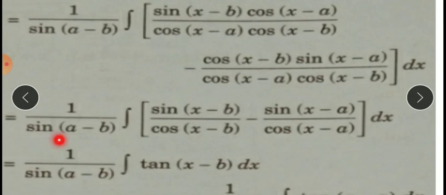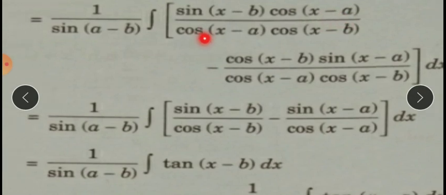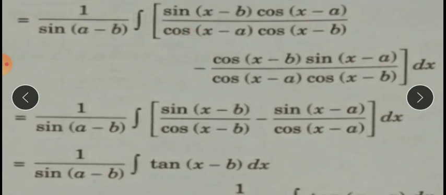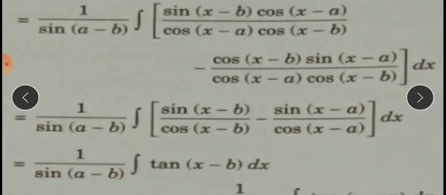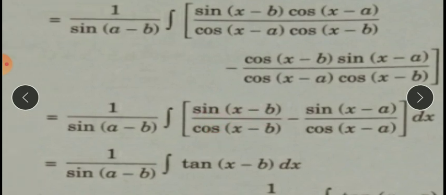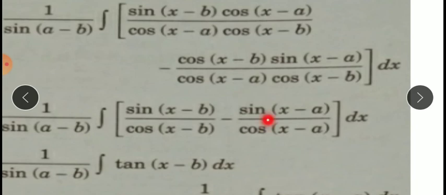You can see here, this is cos(x minus a), cos(x minus a). After division it becomes 1. Here cos(x minus b), cos(x minus b). After division it becomes 1. Finally we are getting integration of sin(x minus b) upon cos(x minus b) minus sin(x minus a) upon cos(x minus a).